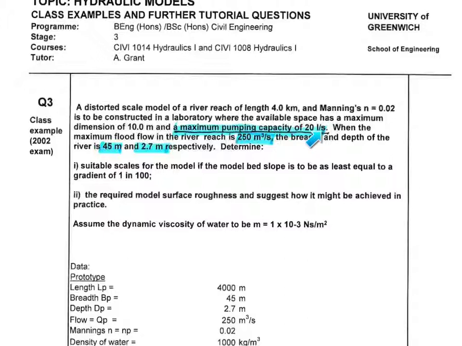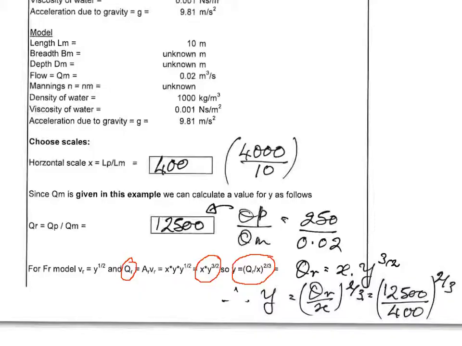In fact, it was something we had to find. So we just calculated the vertical scale by a rule of thumb, making it 5 times the horizontal scale x. But if we're actually given this maximum pumping capacity or the maximum model flow, then we can use that to calculate, if you like, a more optimal value of the vertical scale.